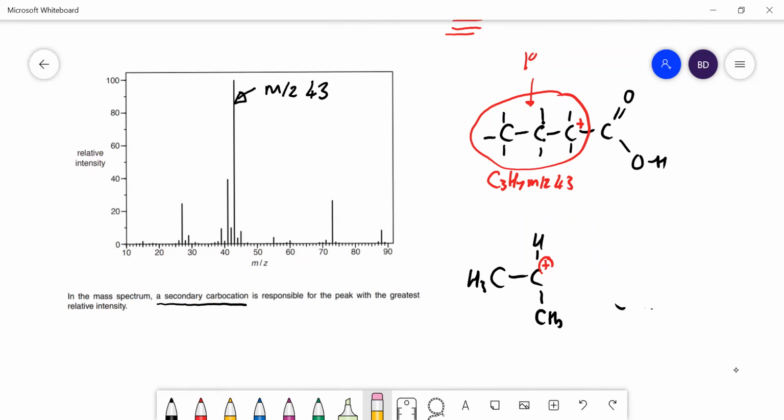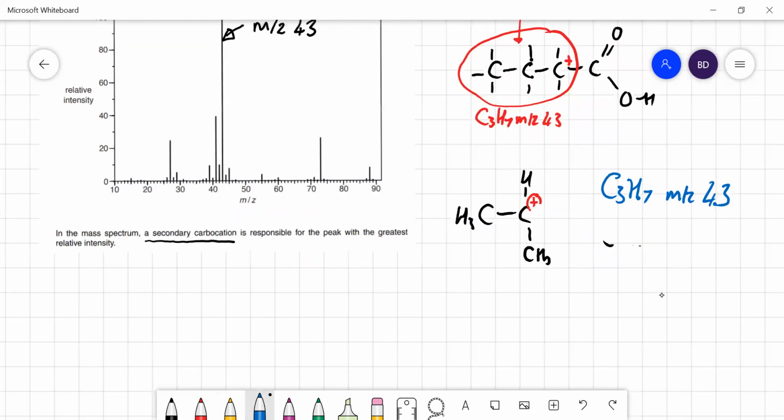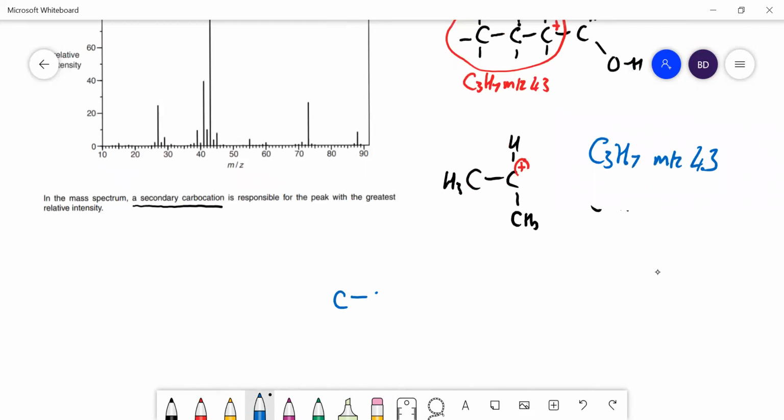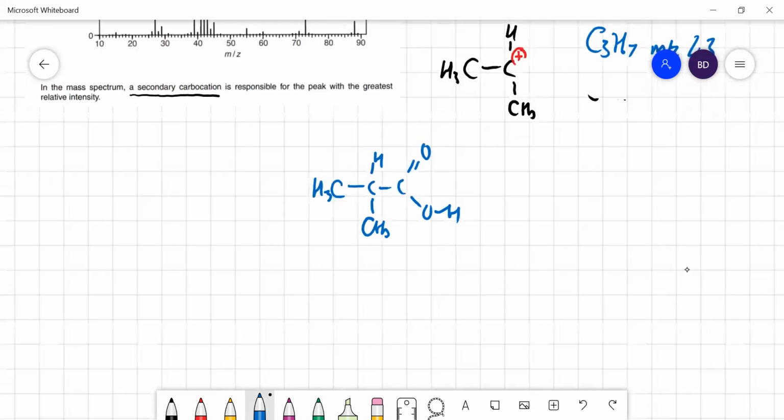That's also C3H7. So we can say definitely that our structure is not butanoic acid, it is 2-methyl propanoic acid, with a methyl group on there. You don't actually need to call it 2-methyl, just methyl propanoic acid will do. That's what we've got. And that is the last question on the paper.